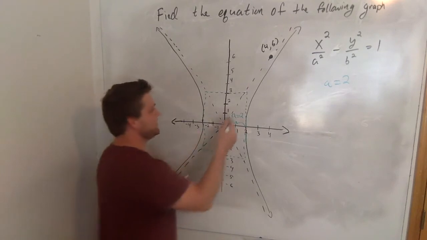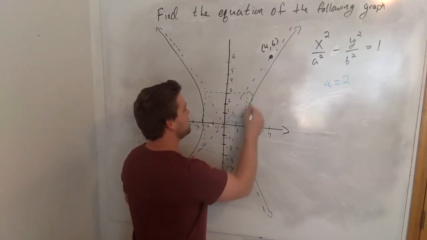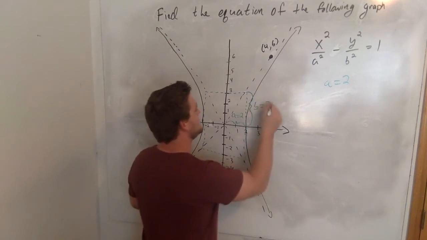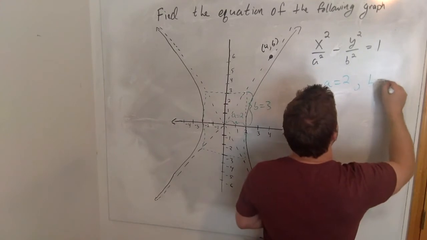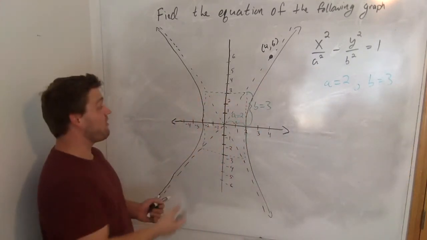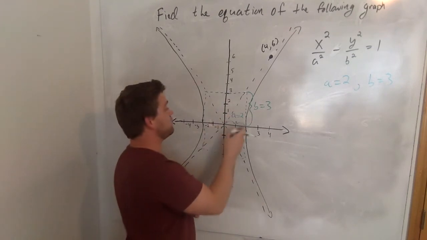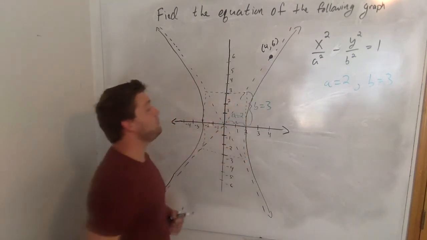So you could look and see if we went over 2 to get back to the line, we would have to go up 3. So here b would be 3. But since this was a hand-drawn graph, it might have been hard to see that if we went over 2, we would go up 3. So we could equivalently have used this point here to help us.